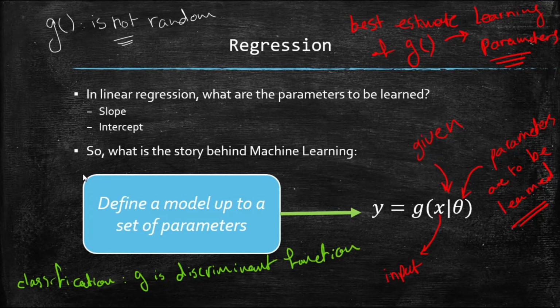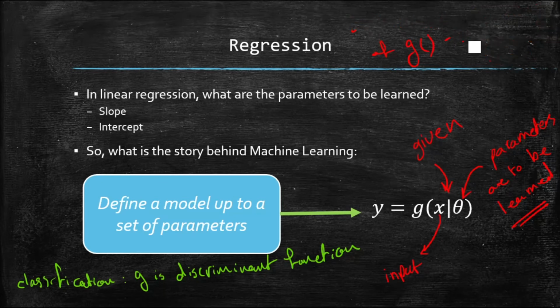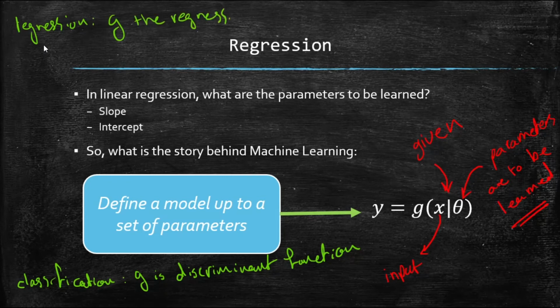And in terms of regression, let me erase a little bit here to have some more room, G is called the regression function. Okay, so don't be a stranger to these terms.